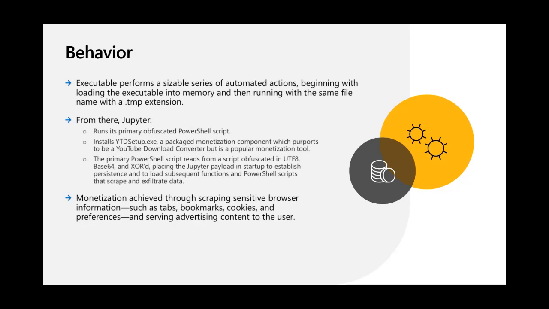The malware itself will download this in order to encourage the user to subscribe to the YouTube downloader, but it will also scrape web credential and web cookie data and serve you more ads in order to both monetize and keep score. The ad monetization occurs before the user downloads and after the user downloads with an additional download component.